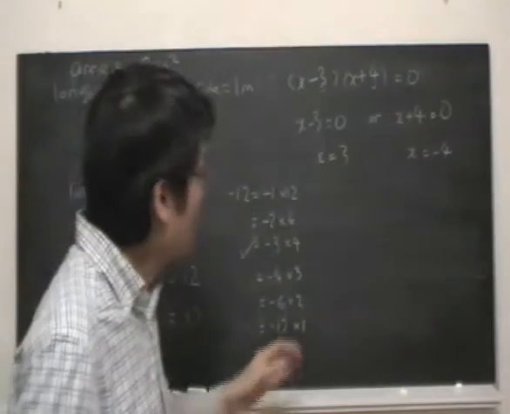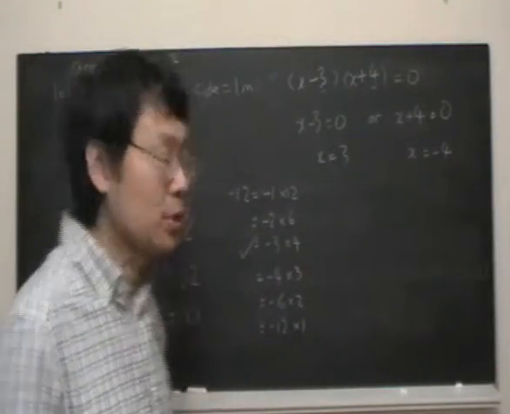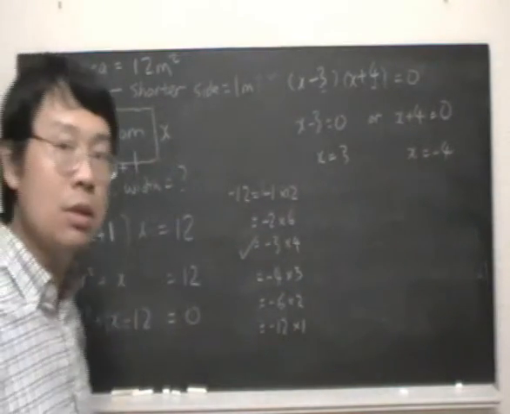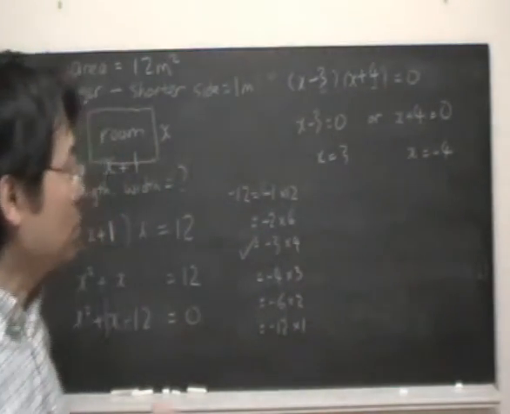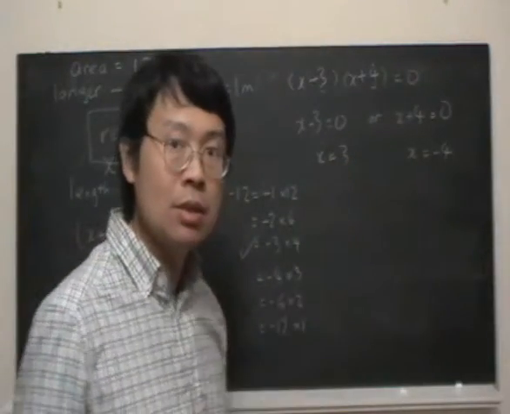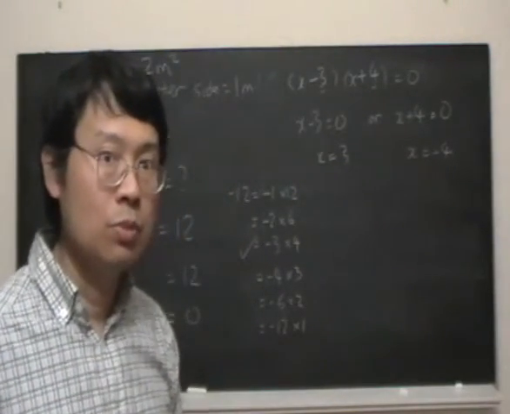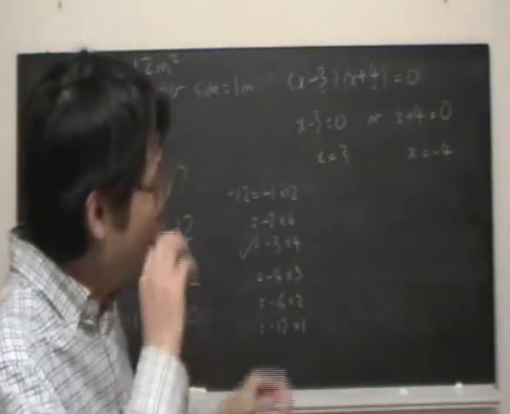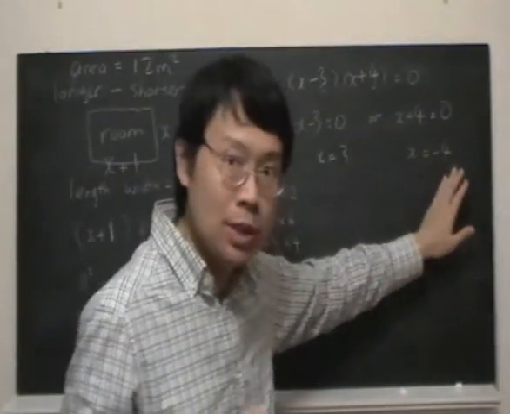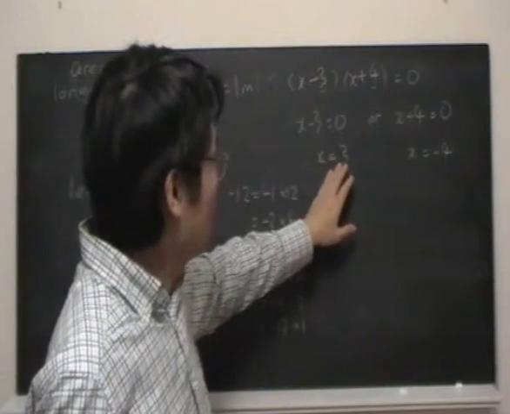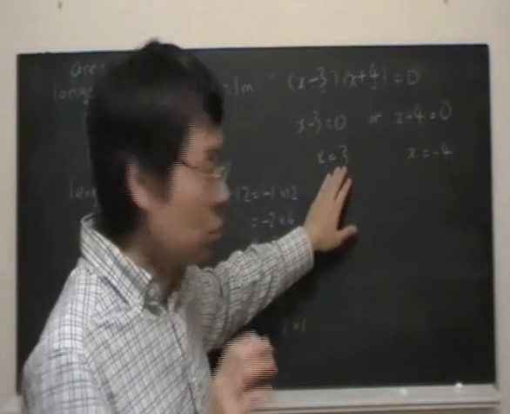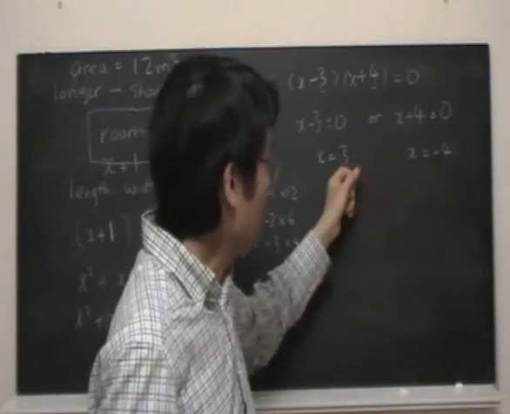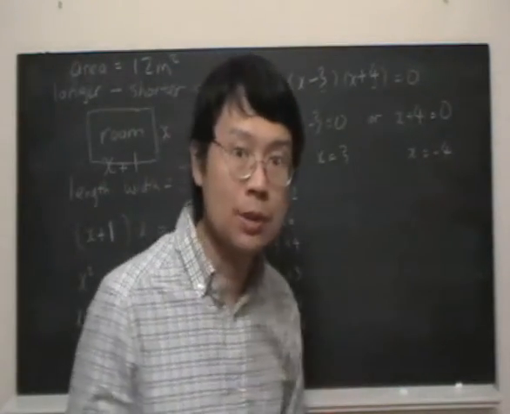This means that the answer that we are supposed to get, remember what x was. x was supposed to be the width of the room. So the answer should give us the width of the room in a certain number of meters. Now if you look at these two answers, what it's telling us is that the width of the room is 3 meters or minus 4 meters.